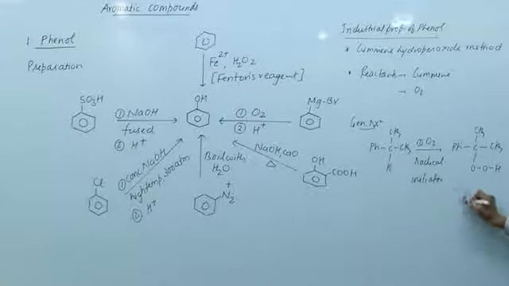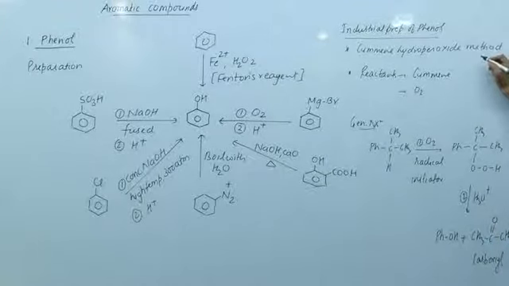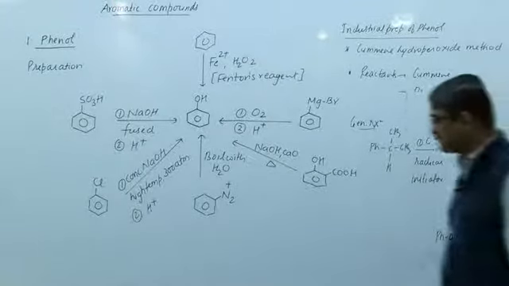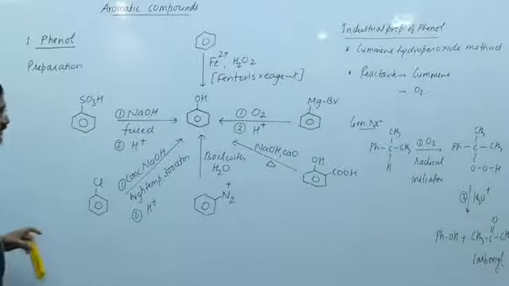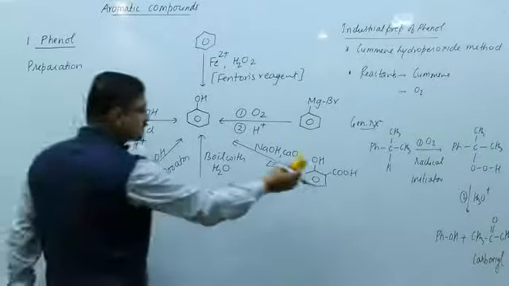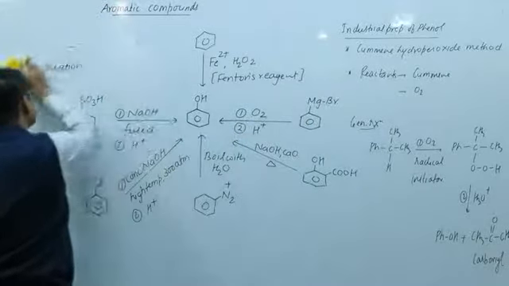In second step, if we go for hydrolysis, one product is phenol and the other product is a carbonyl compound. So this is the very important preparation of phenol, and this phenol is prepared from cumene. Okay, now I take the mechanism of this preparation.